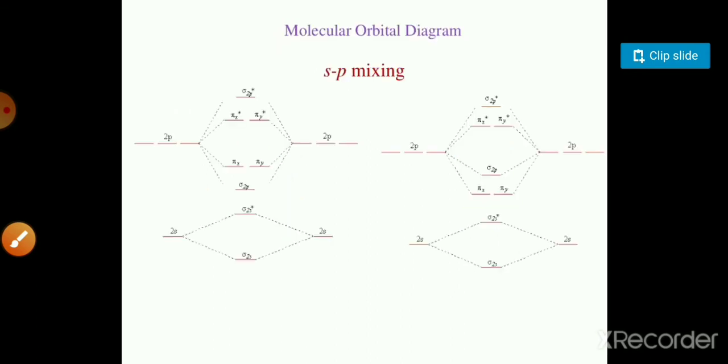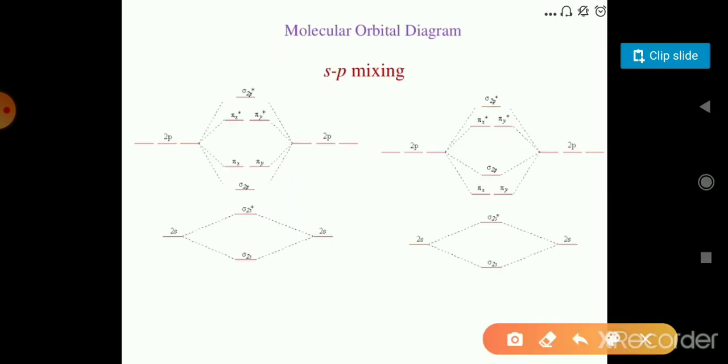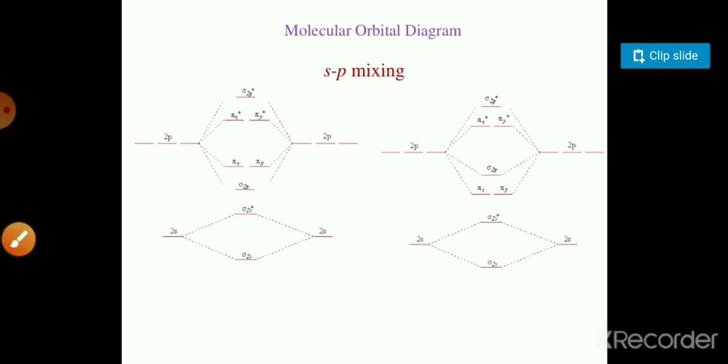So next you can see the mixing of p and s orbitals. So there is a diagram of this, and this is the energy here.